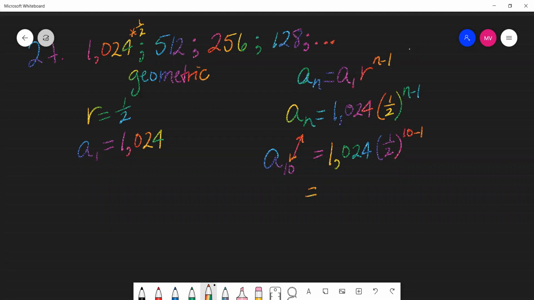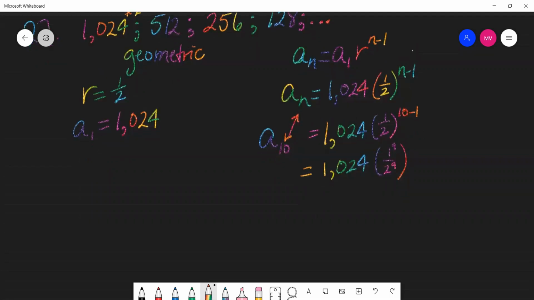So when you do that with a fraction, you can rewrite that as 1024 times 1 raised to the power of 9 divided by 2 raised to the power of 9. That's how you work exponents with fractions.